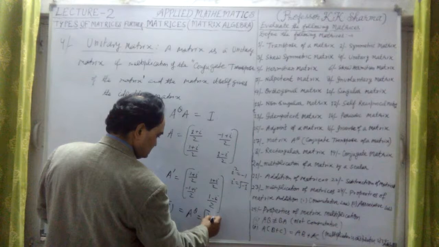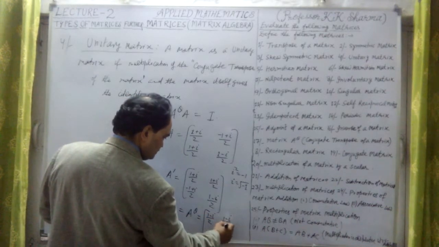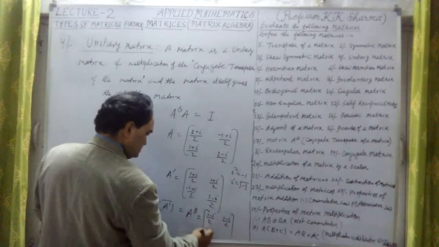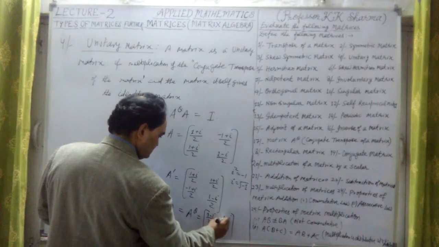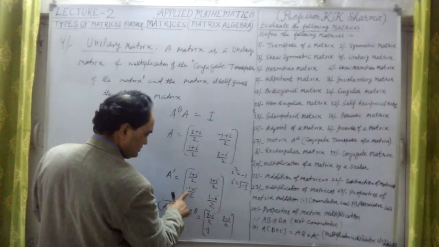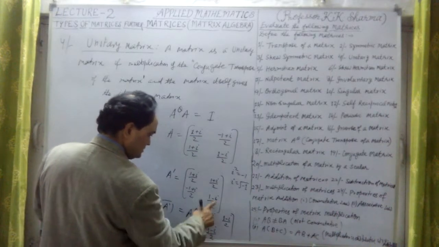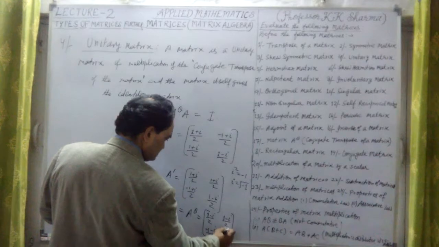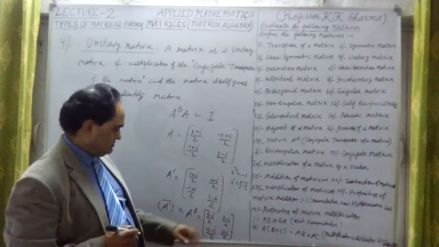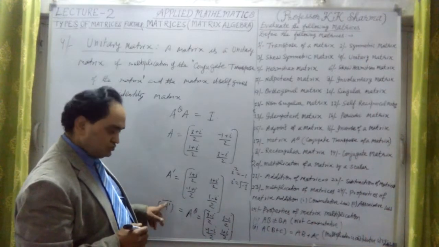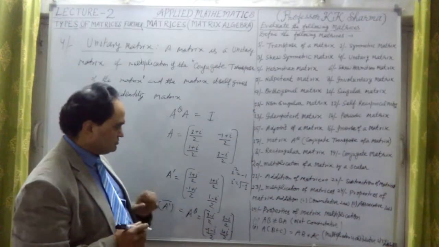It is 1 minus iota upon 2, and this is 1 minus iota upon 2, this is minus 1 minus iota upon 2, and here it is 1 plus iota upon 2. Now this is A theta, the conjugate transpose of this matrix.